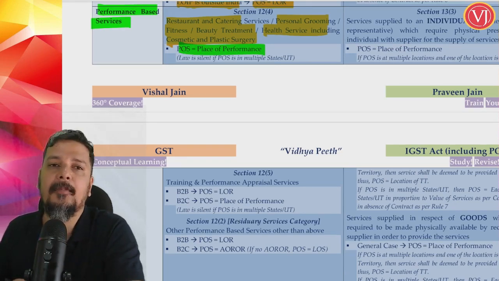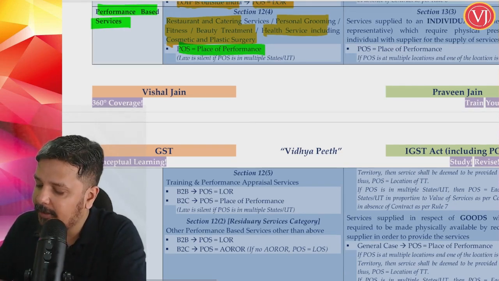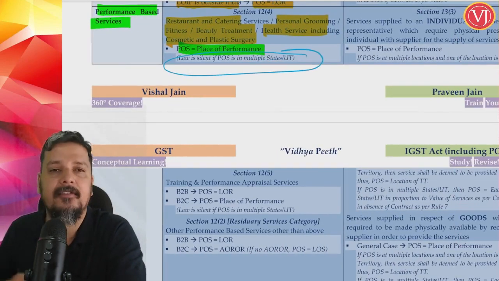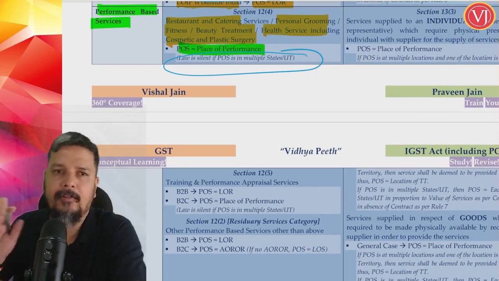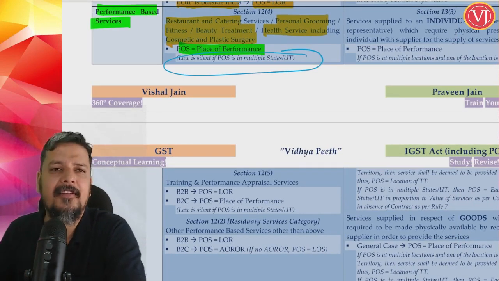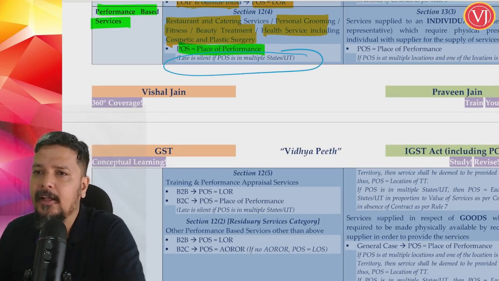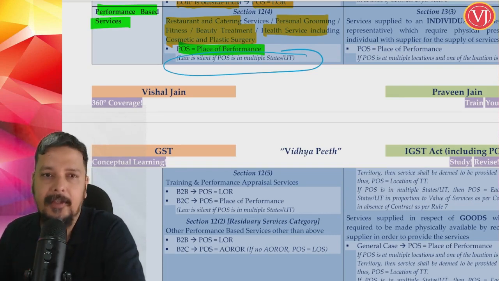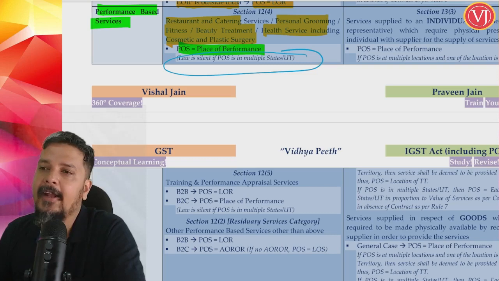There is a possibility that you get multiple answers, but law does not tell what will happen if there is a multiple answer. It is silent. Same simple example. Your friend's wedding is going to be there. That's a person who's going to take care of his grooming. Correct? And his wedding is there.